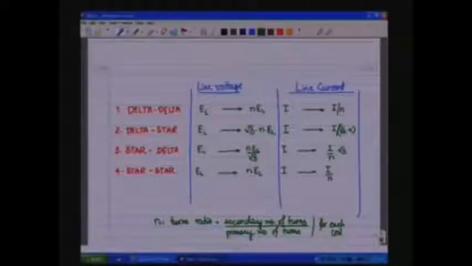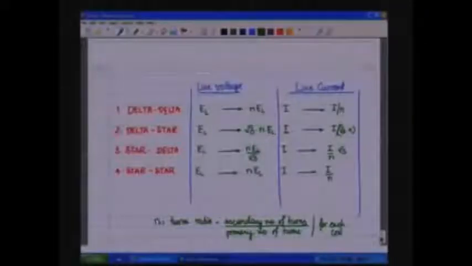The relationship between the line voltage and the line currents. So, you see that in the delta connection, the terminal voltage on the secondary side is just by a factor of n times the primary terminal voltage.